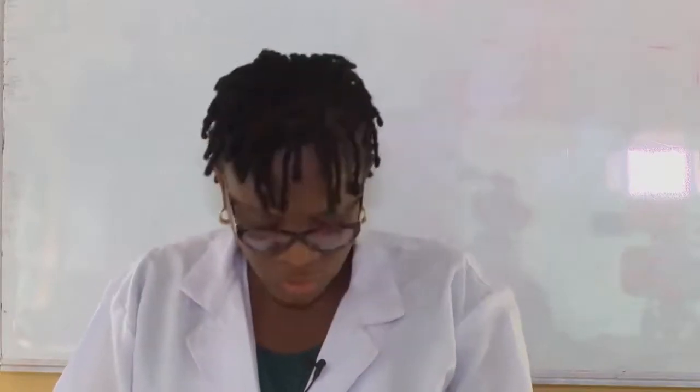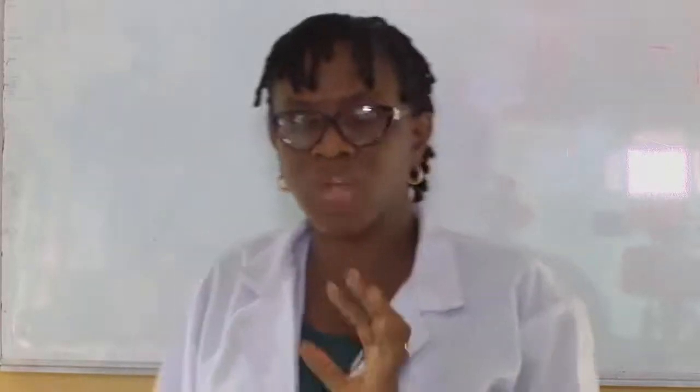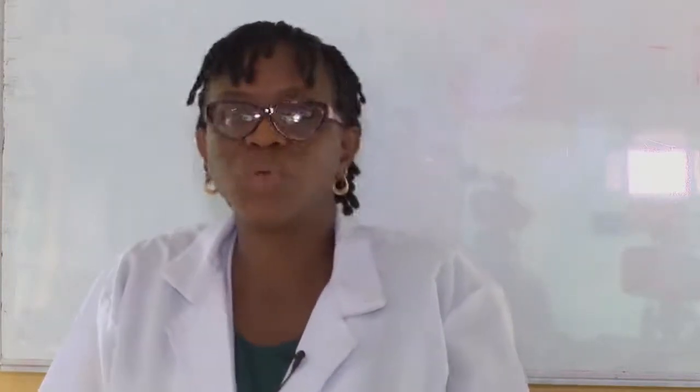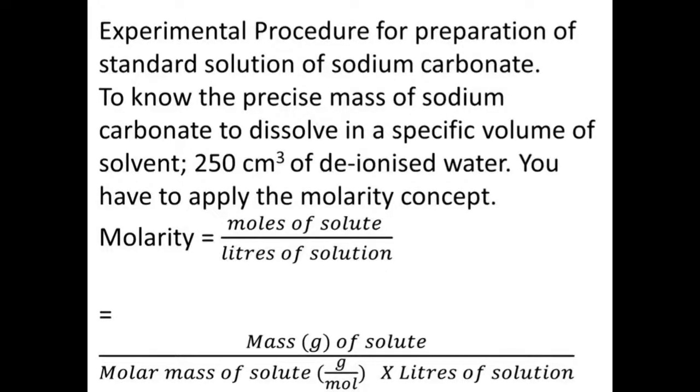The reason we are going to determine the mass is because sodium carbonate is a solid. So we will need to know the weight of the solute, this sodium carbonate, that we have to dissolve. To do this, we apply the molarity concept. Remember your molarity concept, which is moles of solute all over liters of solution.